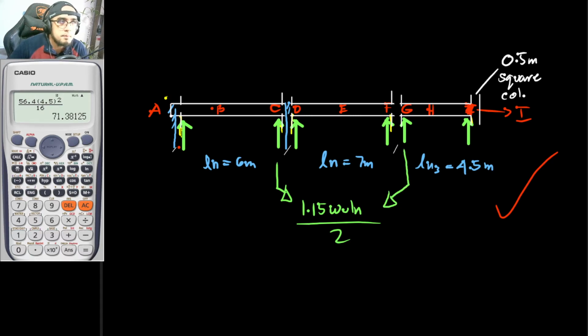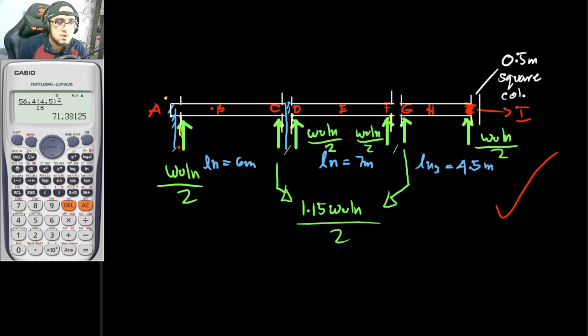Basta sa dalawang sides ng exterior face of the first interior support. So ayan siya. And for all the other supports, WLN over 2 na lang yan. So ito WLN over 2. Ito din WLN over 2. And ito din WLN over 2.